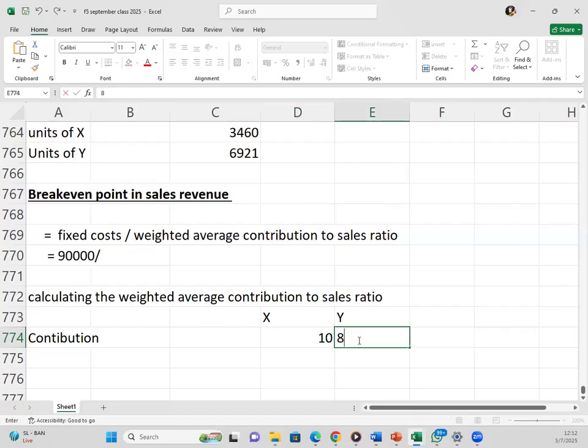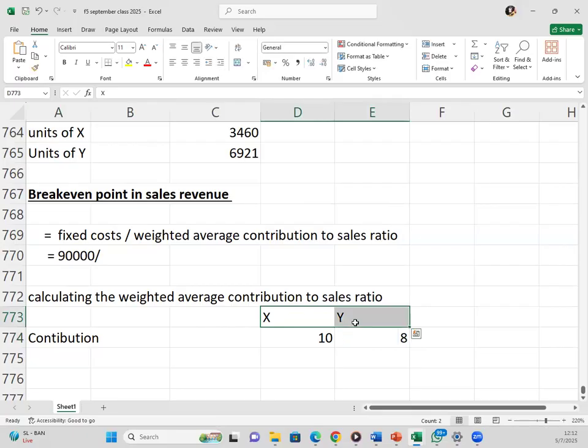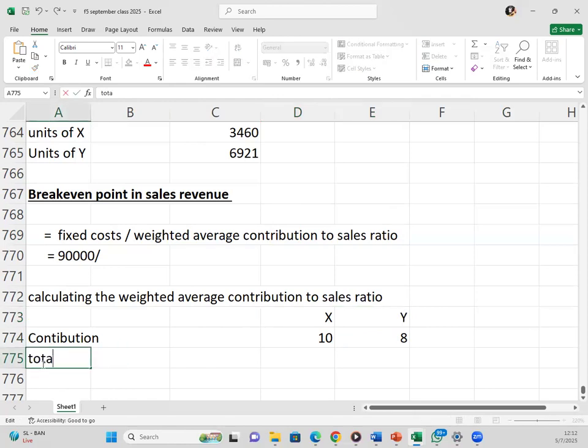Then it was 8 this side. This was contribution per unit. Then you get total contribution. Remember how we get the total contribution? You're multiplying with the mix. So the mix was 1 here, so it would be still 10.